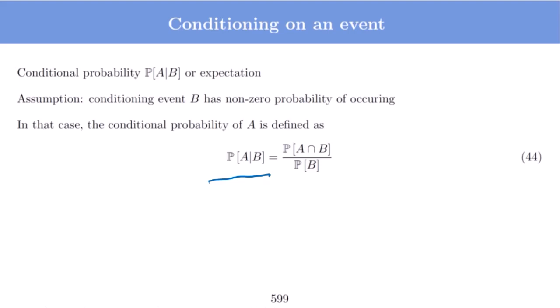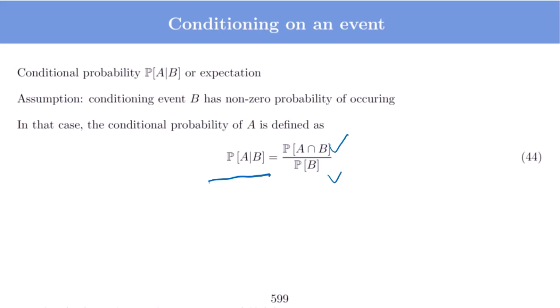So you can see in both this and this term, B has occurred. In the top, A has also occurred. So you are computing the probability of the chance that A and B both have occurred, and dividing it by the probability of only B occurring.